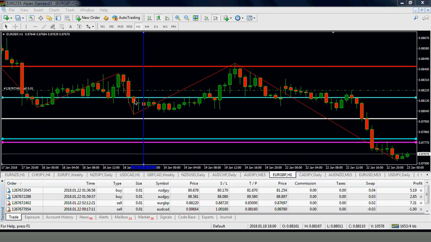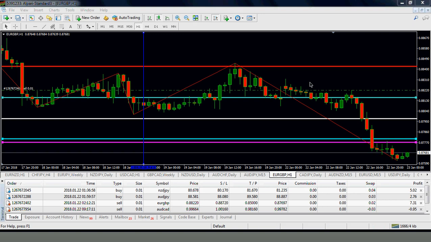So we get the pivot points of this candlestick. 0.8816 plus 0.8801 plus 0.8811 divided by 3.